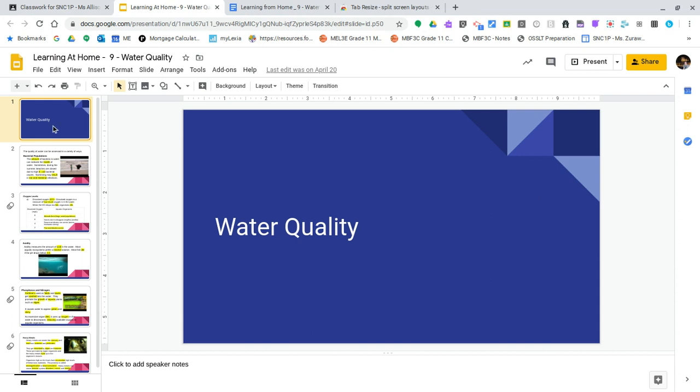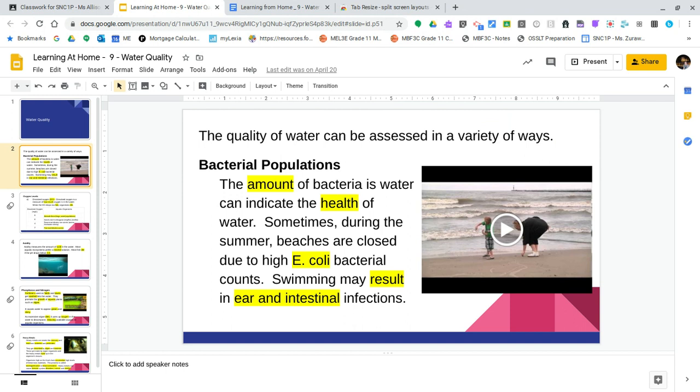Okay, so water quality in general. There's different ways that we can measure water quality, and this slideshow is going to kind of take you through some of those, as well as add some videos for you to watch to kind of think about water quality. So the first way that we can look at water quality is to look at how much bacterial populations are growing in the water. So if the bacterial content goes up too high, it can be an issue.